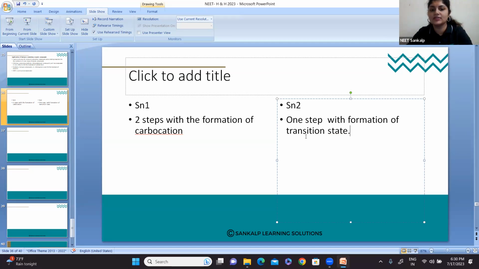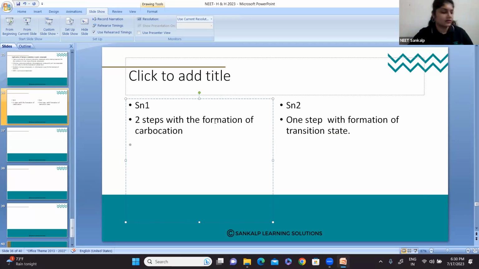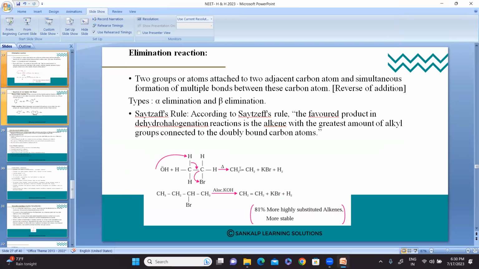Yes, second difference. The SN1 reaction depends only on the alkyl halide, the substrate.